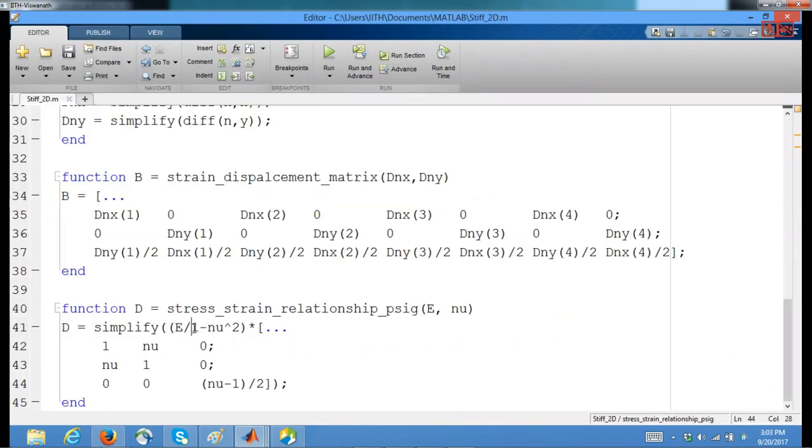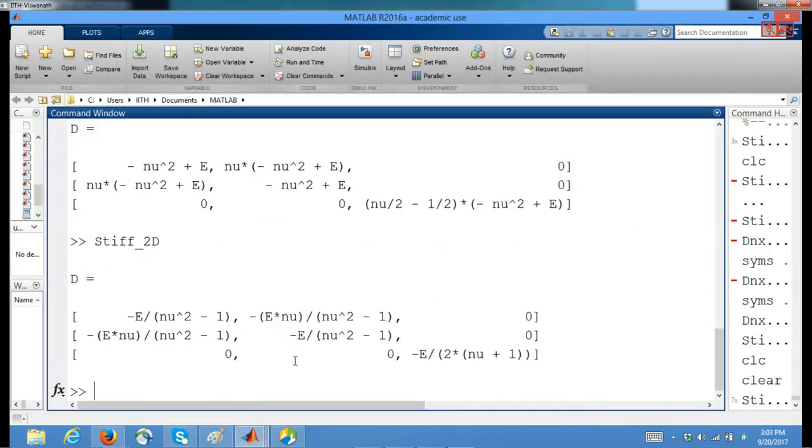So there was one mistake. This is 1 minus nu square. Let us rerun it again. So this is the D matrix where E is the Young's modulus and nu is the Poisson's ratio, and this is what we have obtained.